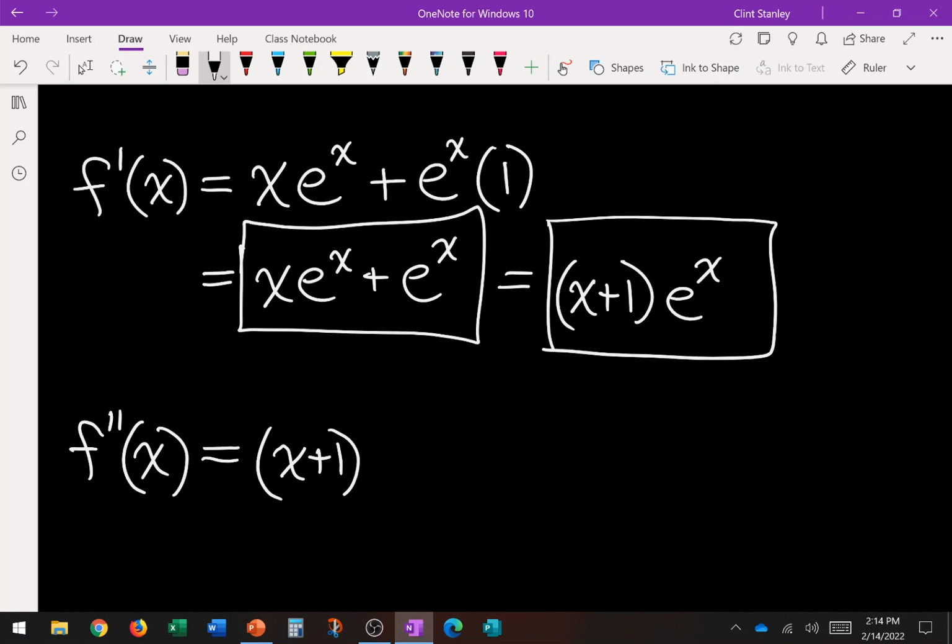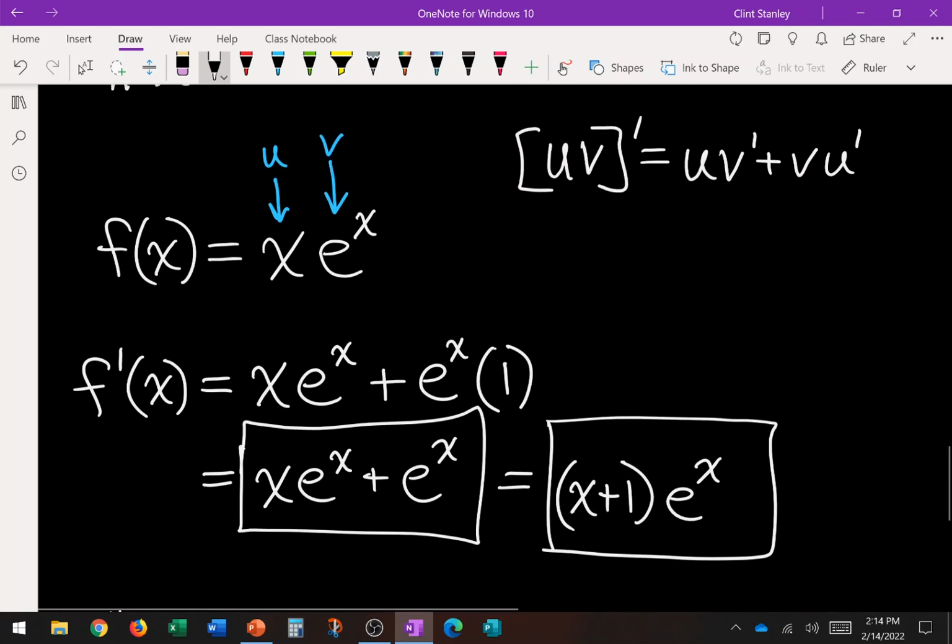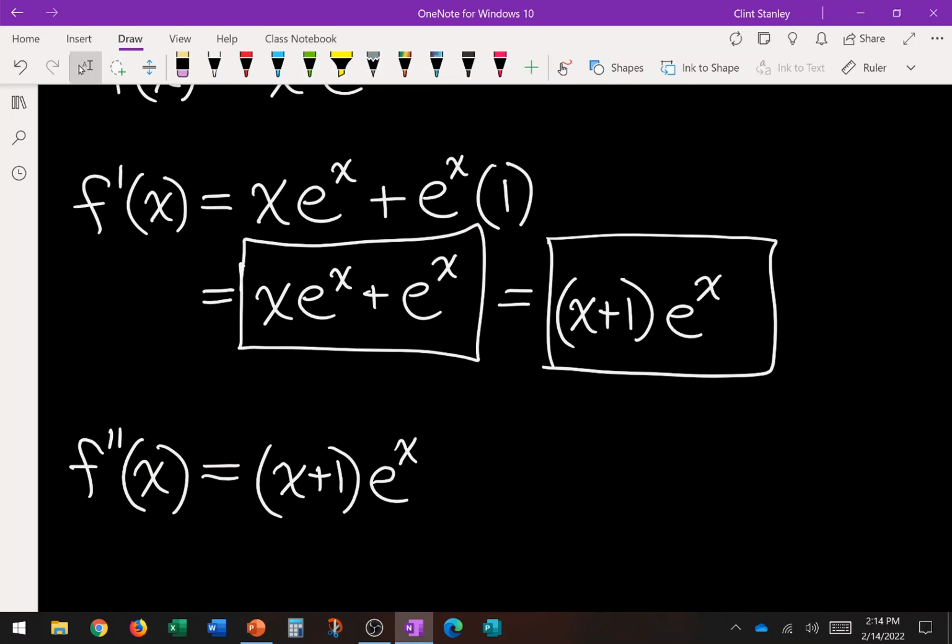Take the derivative of the second one, so the derivative of e to the x. And then the second one times the derivative of the first, so plus e to the x times the derivative of the first one, 1.